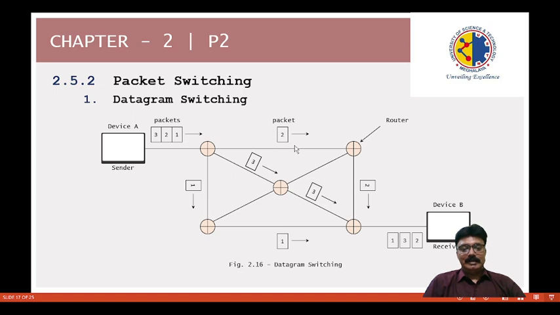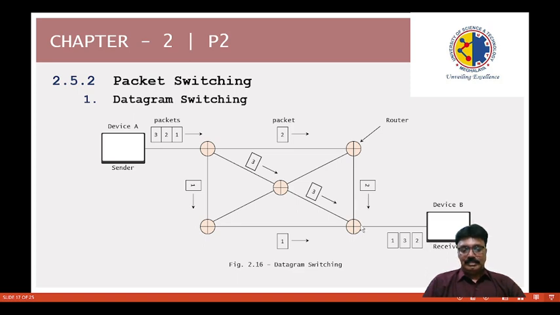Any data packet can move to any router based upon the network traffic. For example, 1 is moving towards here, 2 is moving towards this router, and 3 is moving towards this router. Accordingly, they travel to reach the receiver.